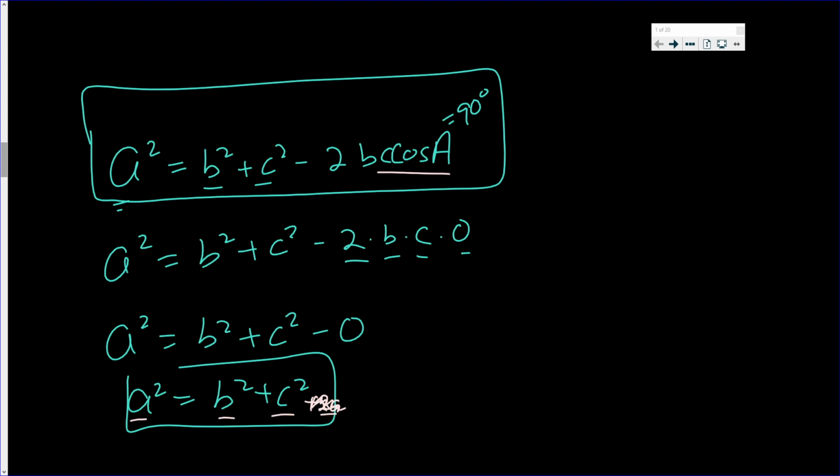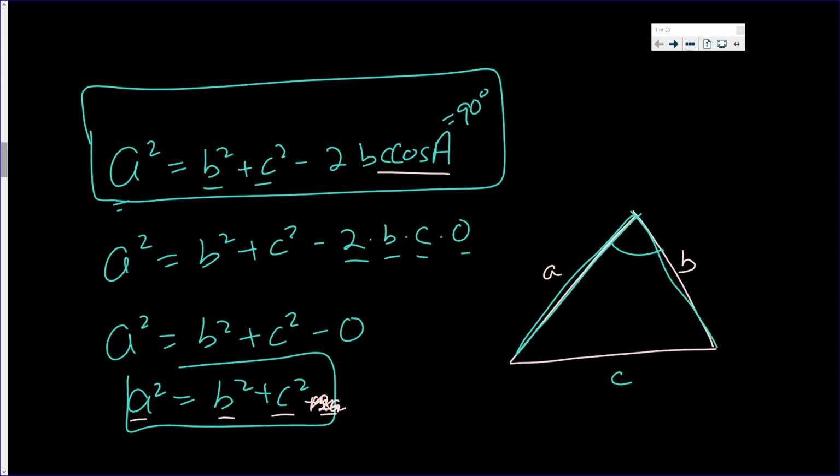Okay, this completes the section on law of cosines, but I do want to reiterate that you use the law of cosines if you know, say, this leg and that leg. You know the lengths of these two legs, and you're given one of those two, and you want to know one of them. If you're given this one, you can find that.